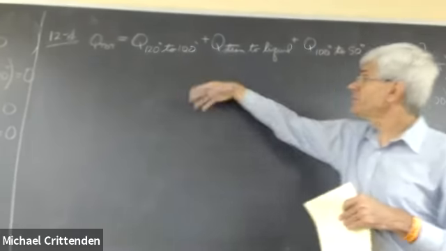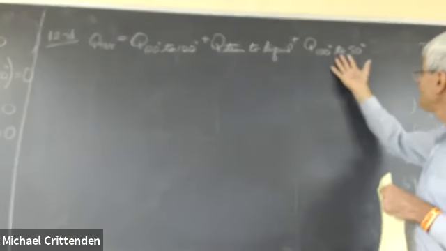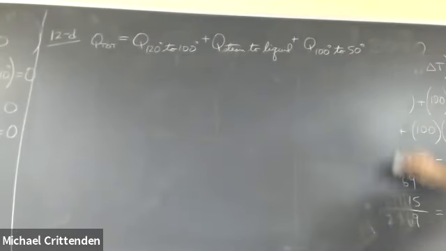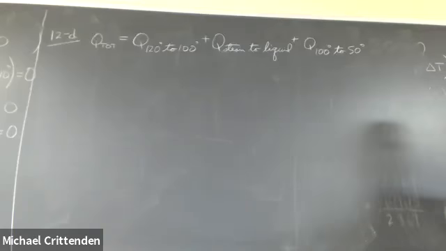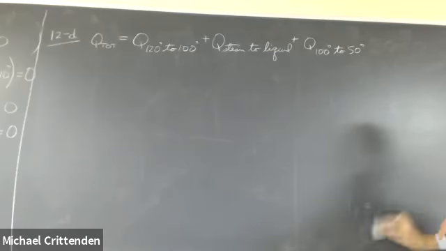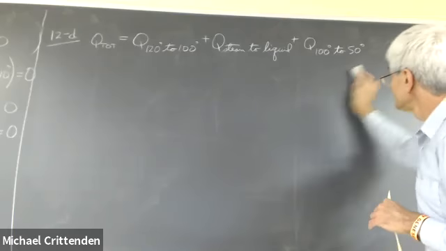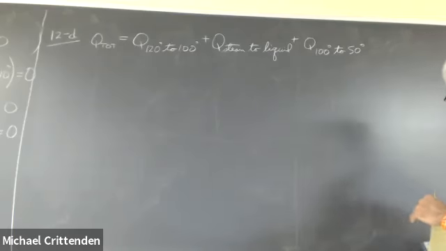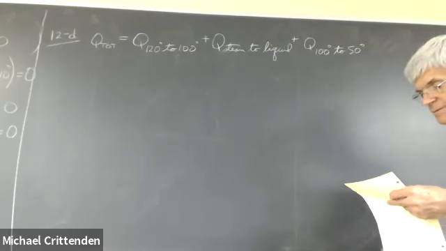So first it does this, next it does this, finally it does that, add them all together. And that's the total amount of energy, thermal energy, released as this, what started out as steam, goes through this process.